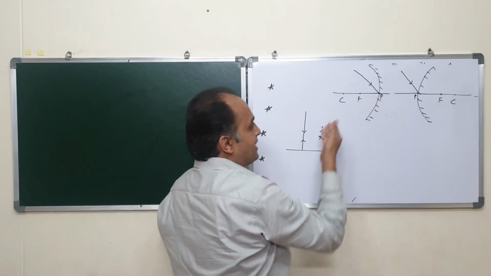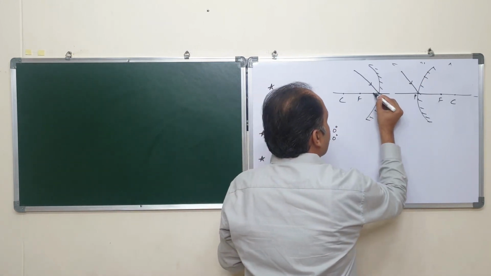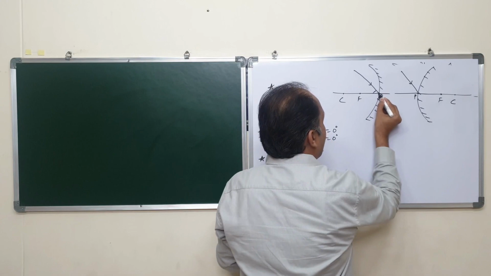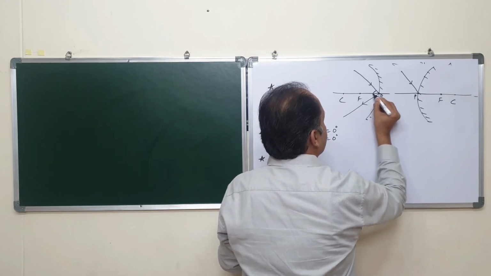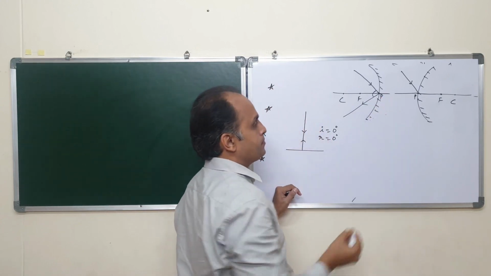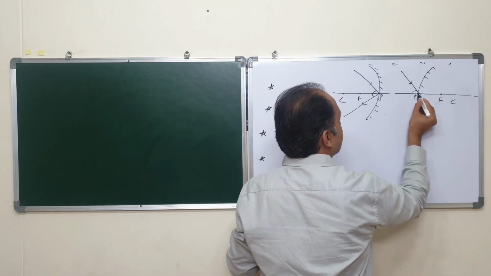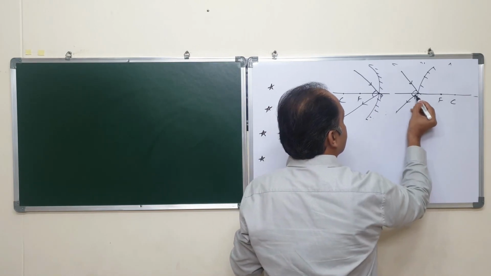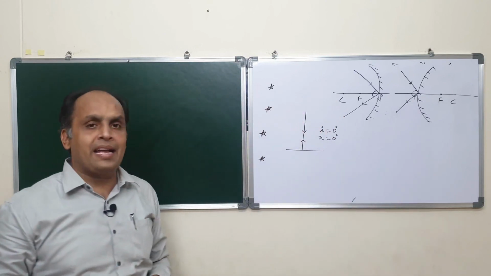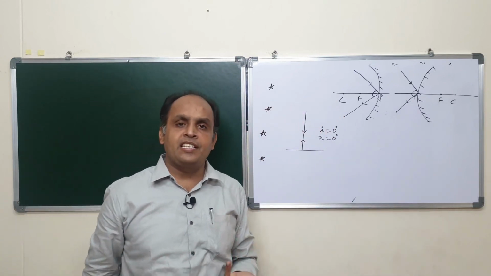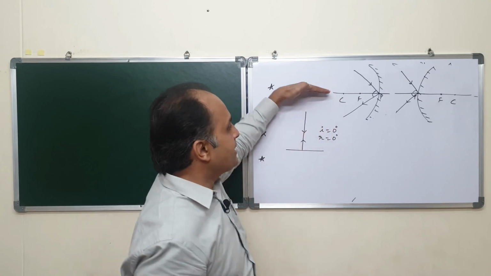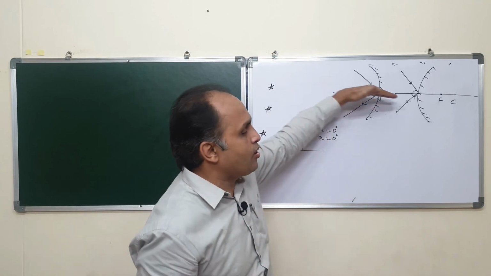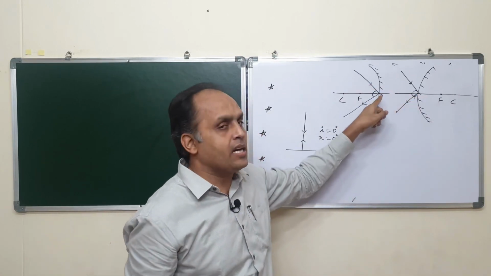it gets reflected at the same angle. Whatever is this angle, at the same angle it gets reflected. The reason being, I told you earlier, the ray of light coming from the center of curvature is perpendicular to the mirror.